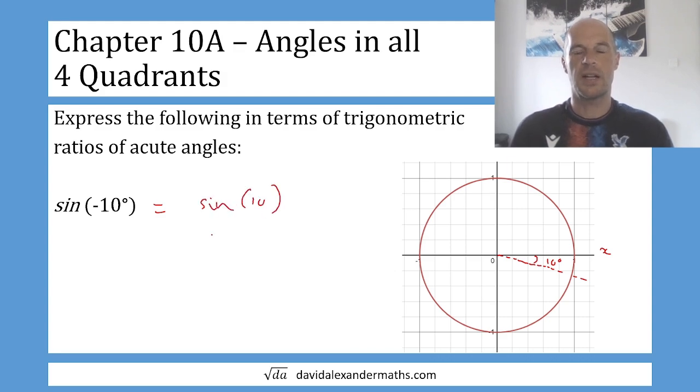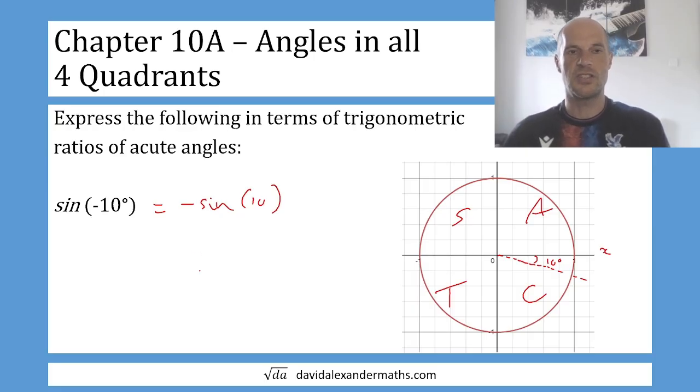But is it plus the sine of 10 degrees or minus the sine of 10 degrees? Well, let's do our CAST diagram. C-A-S-T, the angle is created in the C quarter where only cos is positive, so sine is negative. So the sine of negative 10 equals the negative sine of positive 10. So again, you can type them into your calculator and check that out if you want.